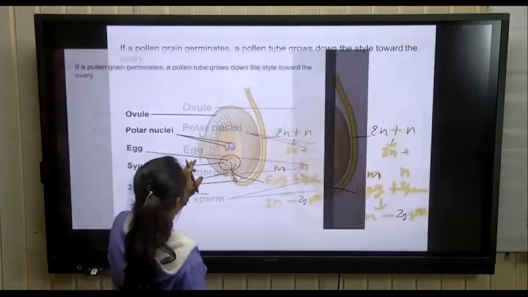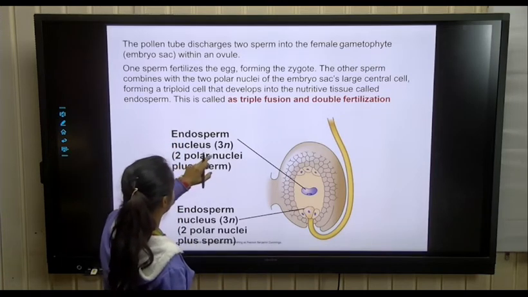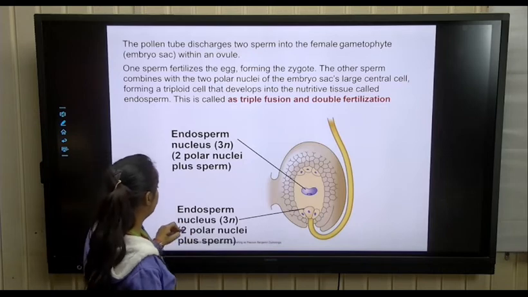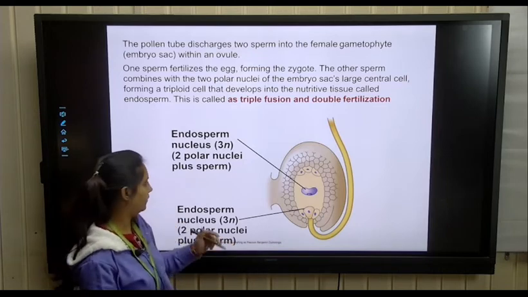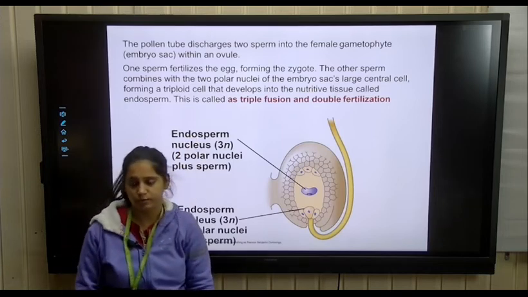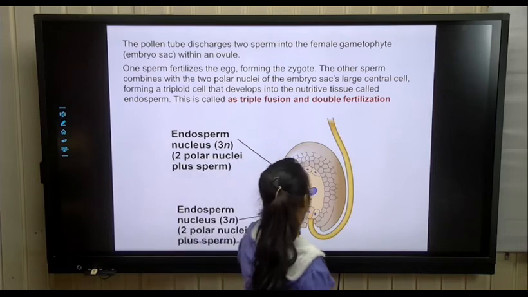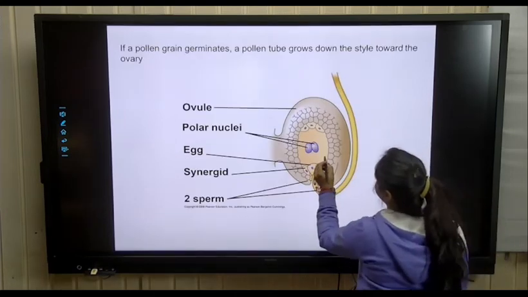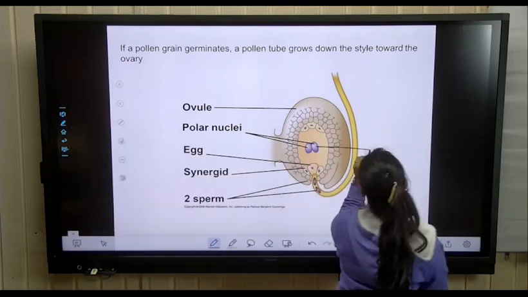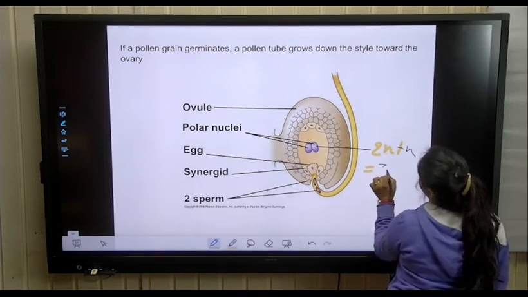So polar nuclei will develop into endosperm, that is 3n, and egg cell will develop into 2n, that is zygote. This process is known as double fertilization or triple fusion. Why? Triple fusion means fusion of 3. Here we can see that it becomes 3n. How? 2n plus n is equal to 3n.